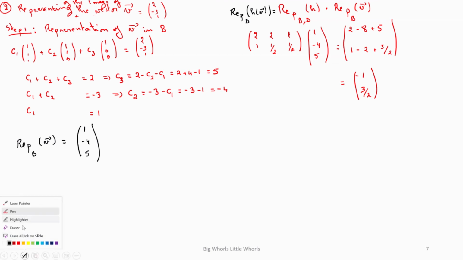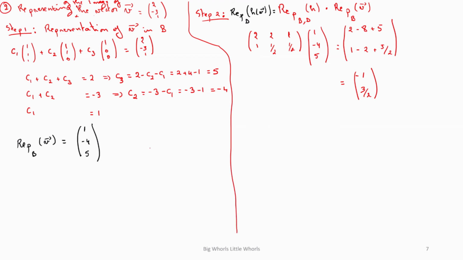That was our step 2. Okay, so here I should also write it here. So the representation with respect to D of H of V equals that. So here is the final answer, representation with respect to D of the image of V.